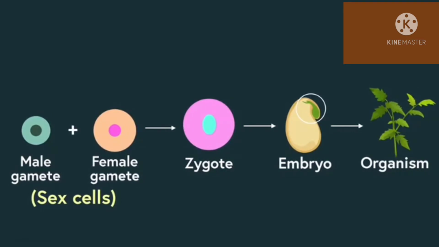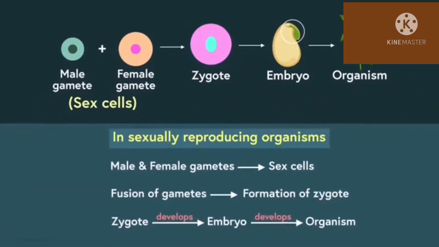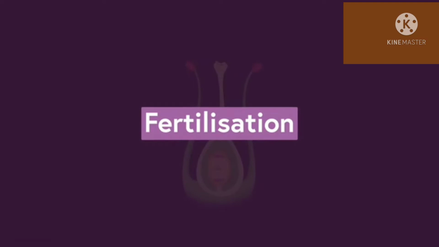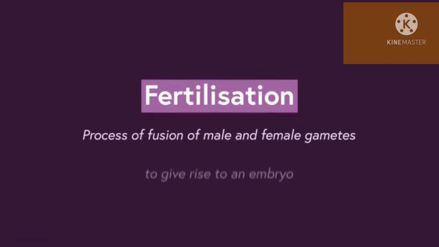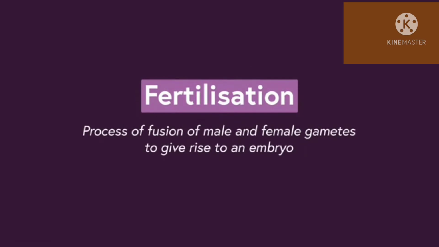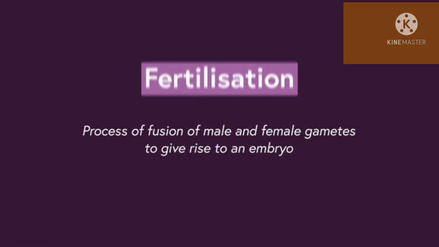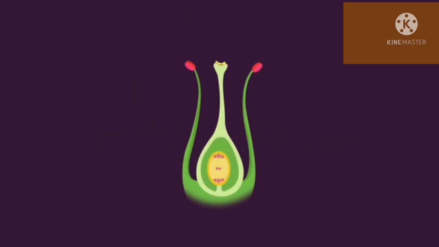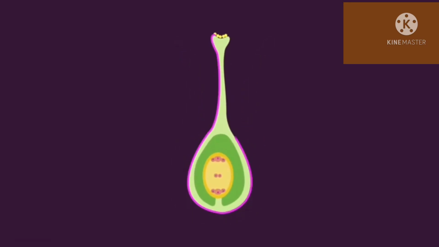In sexually reproducing organisms, male and female gametes are sex cells. Let us see fertilization. The process of fusion of male and female gametes to give rise to an embryo is fertilization. So how does this occur in the flower? See the pollen tube in flowering plants.